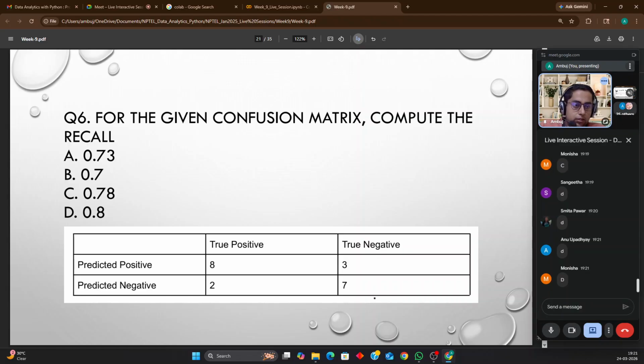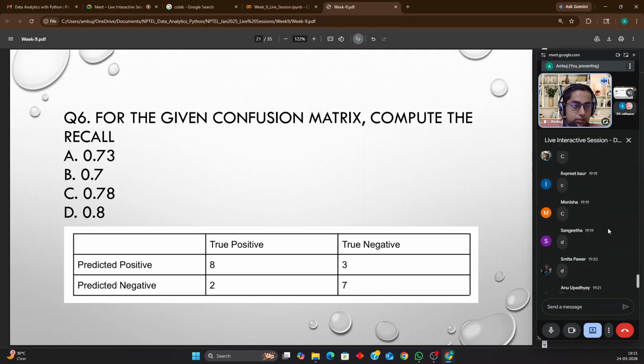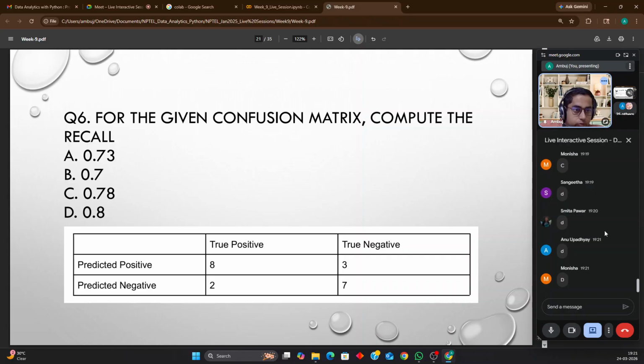There is a conflict of opinions between C and D. We will see whether it is C or D. The rest of the students also should try to give opinions.